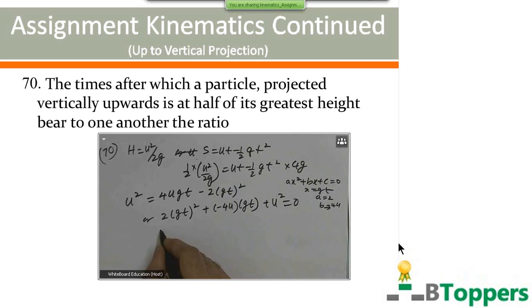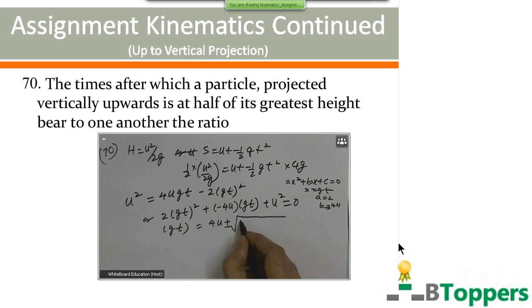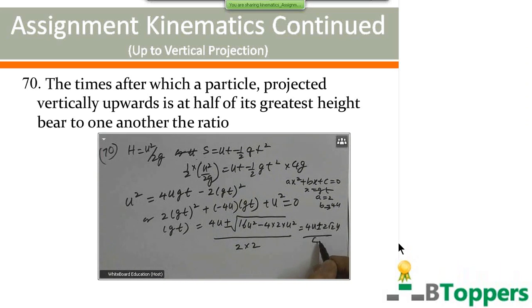So you get g into t equal to 4u plus or minus under root of 16u² minus 4ac, by 2a. So you get 4u plus or minus root of 8u², which you can write as 2 root 2 u, by 4.